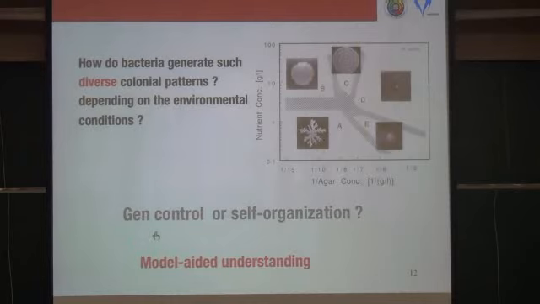And mathematically, not biologically, I mean the question is whether the mechanism comes from gene control or self-organization. That's the point. And I would like to show some mathematically aided understanding method to answer this problem.